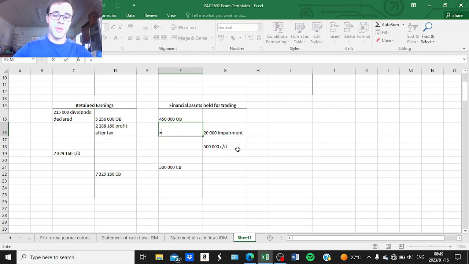All right, and this amount will be calculated as 520,000, the 500,000 plus the impairment losses of 20,000, and then we just subtract the opening balance of 450. This will give us a total value of 70,000. So this represents acquisition of additional financial assets, which therefore must be shown as an outflow in the operating activity section.